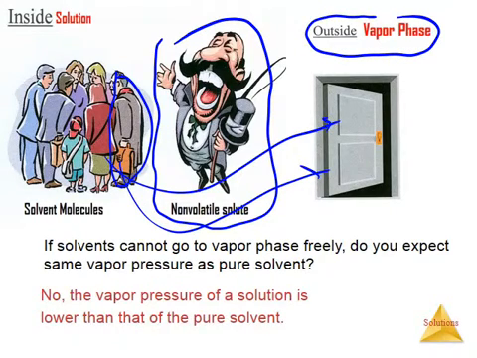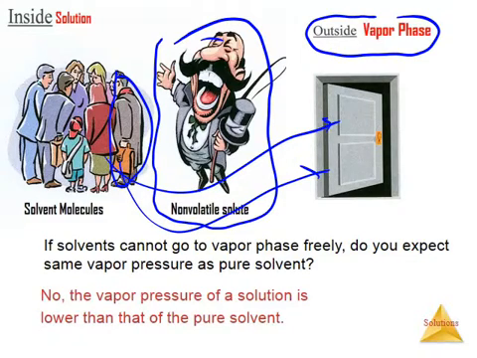When this non-volatile solute is present, like this big guy, he can tackle a number of those small guys quite effectively, so that those small guys cannot pass through the door.